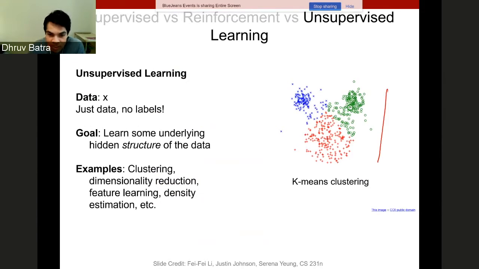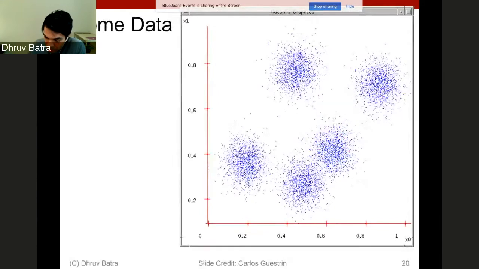You may already have seen k-means clustering in an intro to machine learning class, but just in case people haven't, I think it's important to understand this as the simplest abstraction of unsupervised learning before we can move on to more sophisticated things like Gaussian mixture models, and then ultimately VAEs, which is what we're building towards. Okay, so here's what k-means clustering looks like.